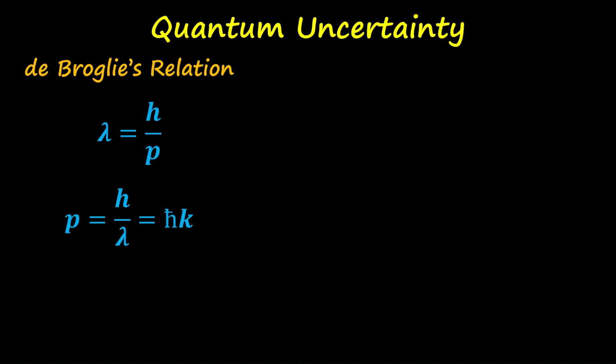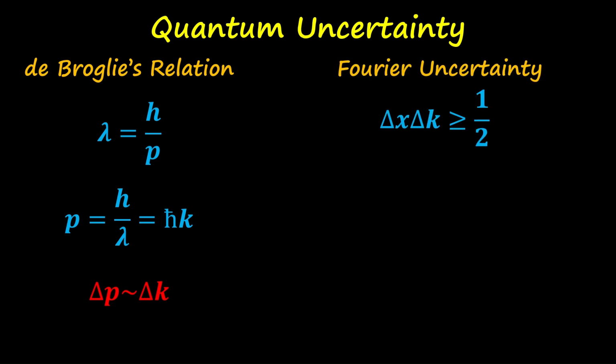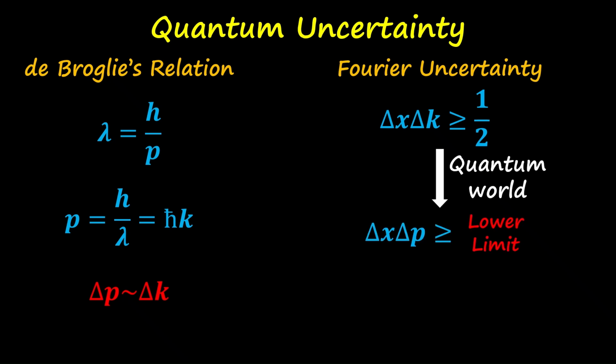And using this relation, we can say that the spread in p will be of the order of the spread in the wave number. Now, we already know that because of the wave nature, the Fourier uncertainty will be retained in the quantum world. So this delta x into delta k, we can write as delta x into delta p, because the spreads of k and p will be of the same order.